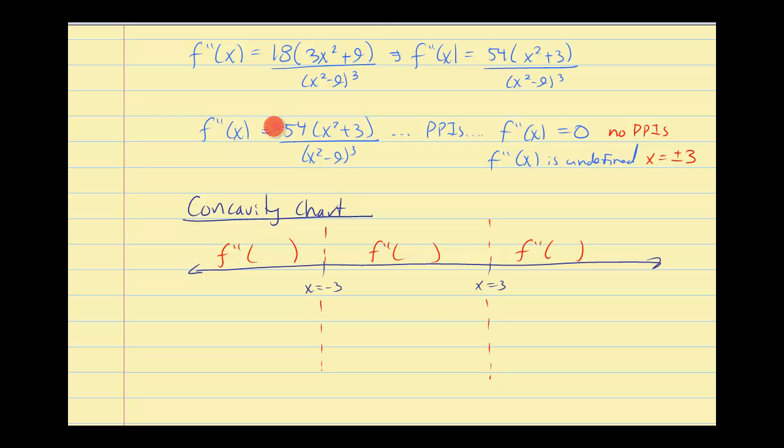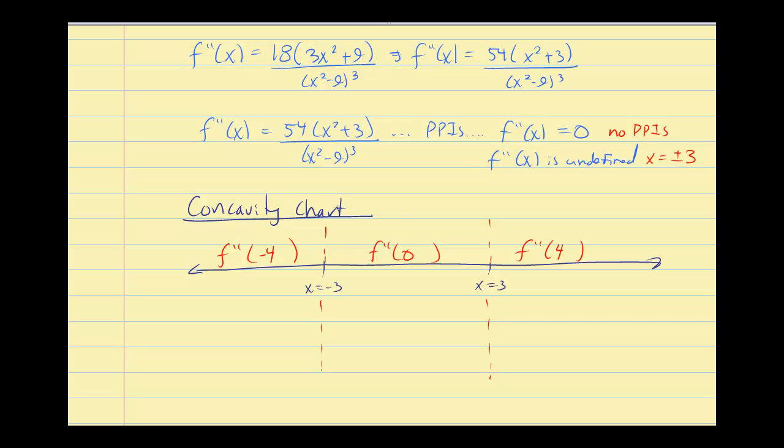Notice my numerator of my second derivative will always be positive. Okay, x squared is always positive. So because this is always positive, I really only need to worry about the sign of the denominator. Because when I cube something, it could come out either positive or negative. If it was squared, of course, it would always be positive. So numbers I can check here are like 4, 0, and negative 4.